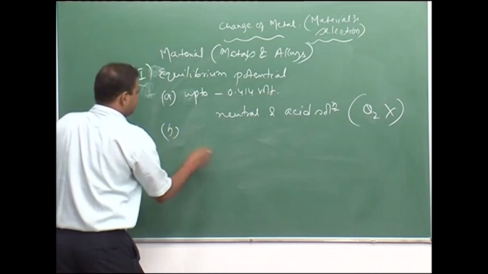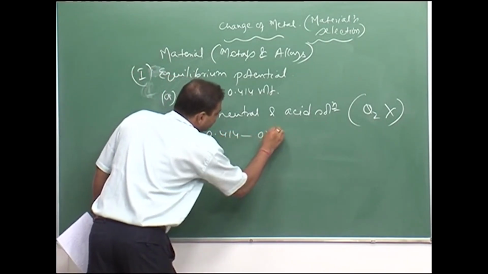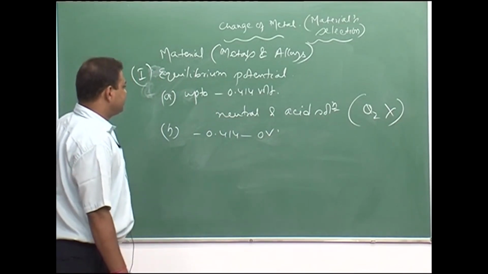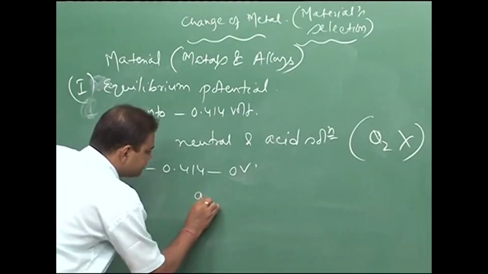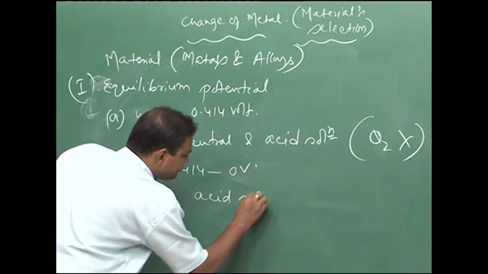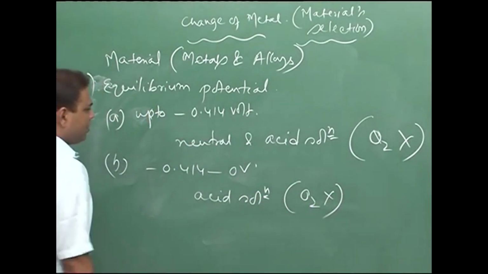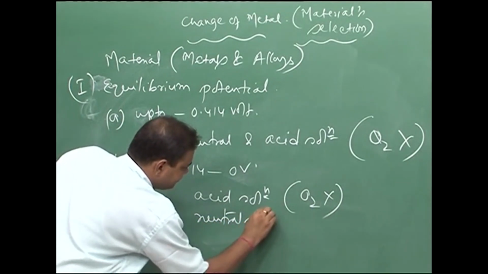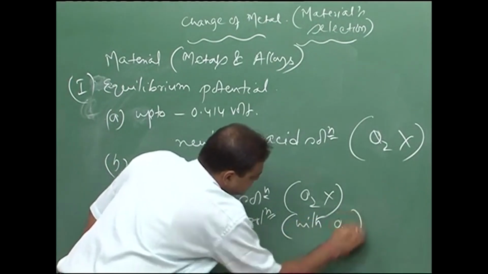Second is potential from minus 0.414 to 0 volt. Those metals and alloys corrode in acid solution without the presence of oxygen, or in neutral solution with oxygen.